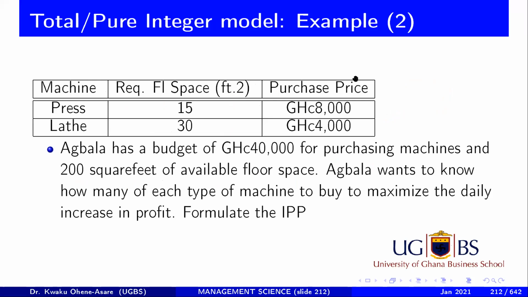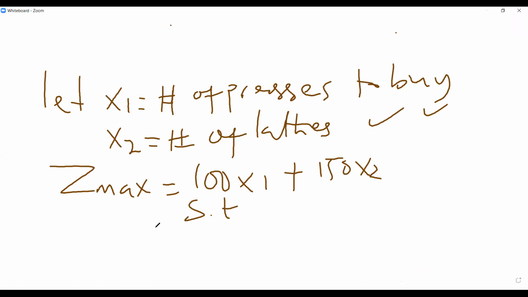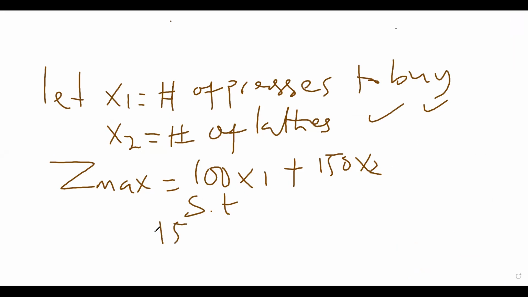So let's do the floor one. For the floor, we need 15 of x1, the press, plus 30 of x2, the lathe. So you have 15 x1 plus 30 x2 less than or equal to 200 square feet, because this is the floor.